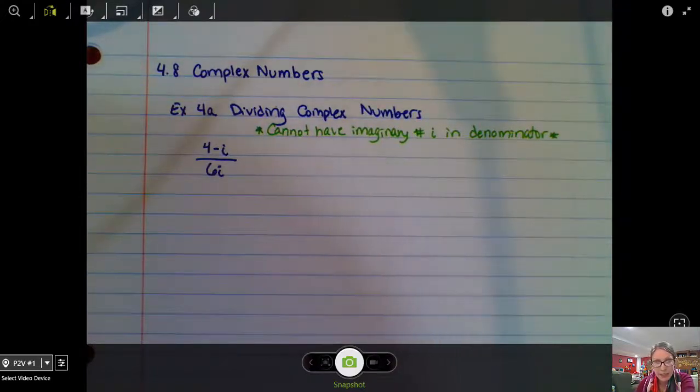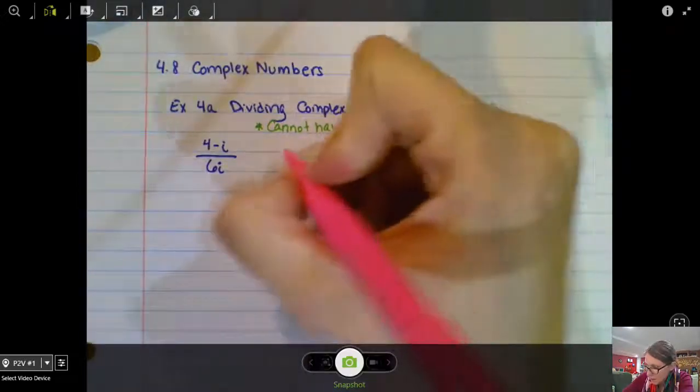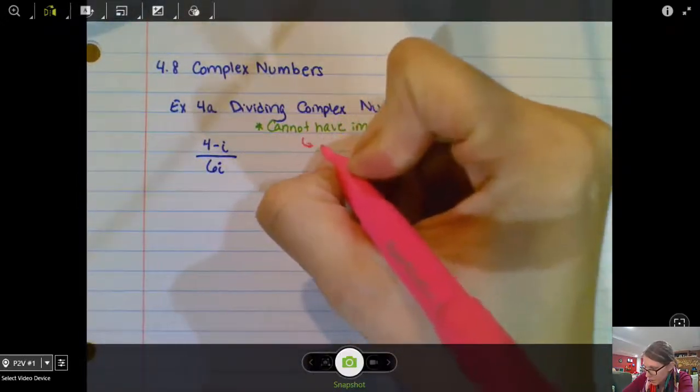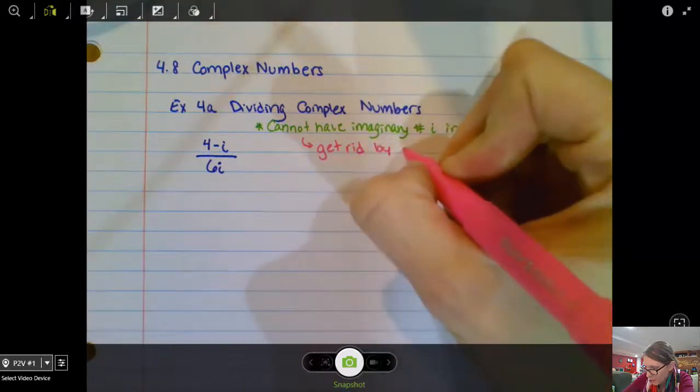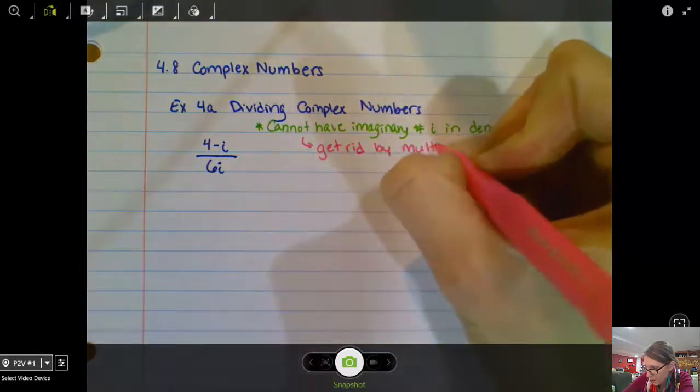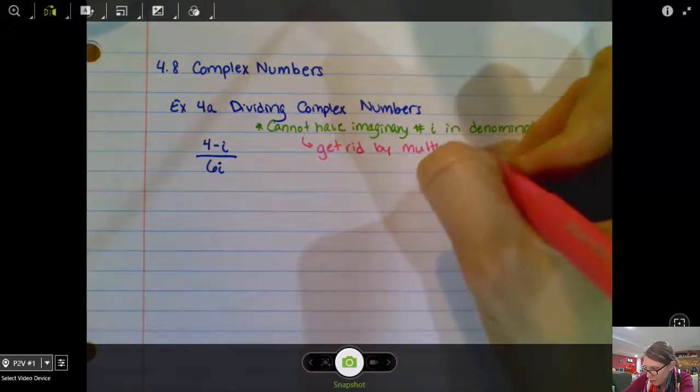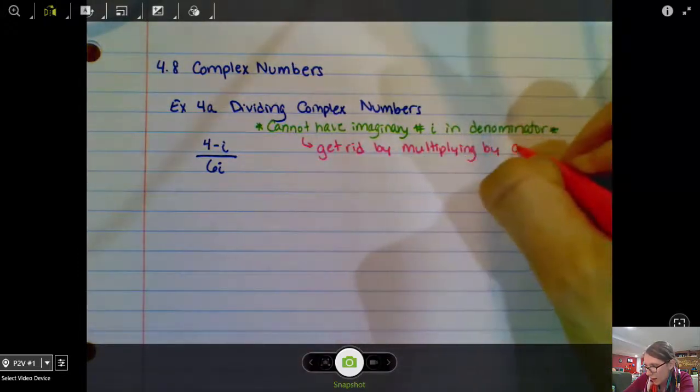Well, for any situation when we have an imaginary number in the denominator, we can get rid of that imaginary by multiplying by what is called the complex conjugate.